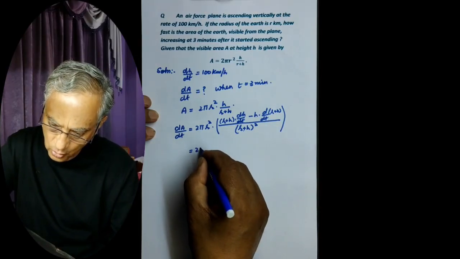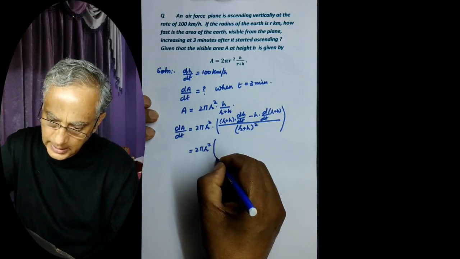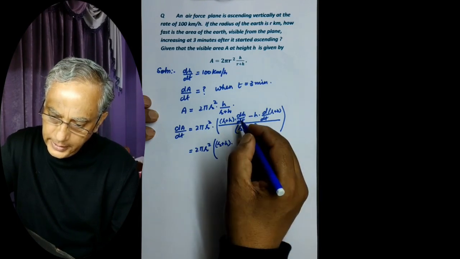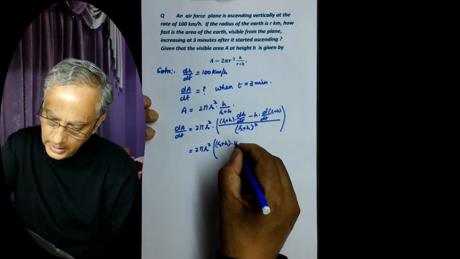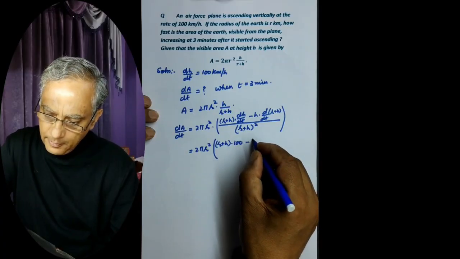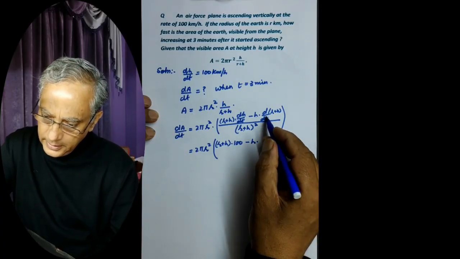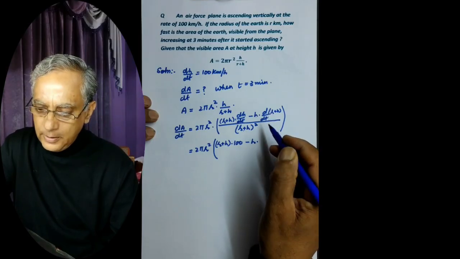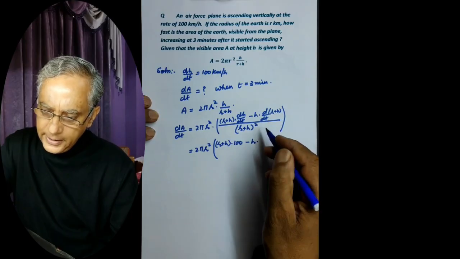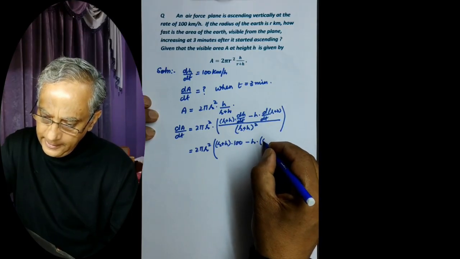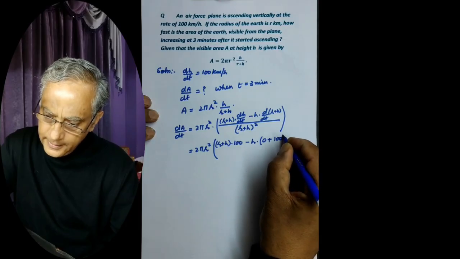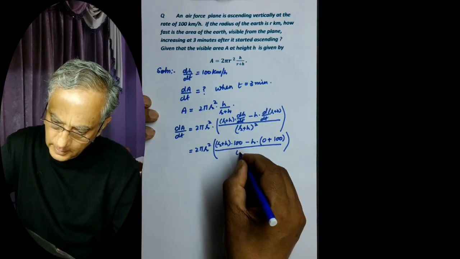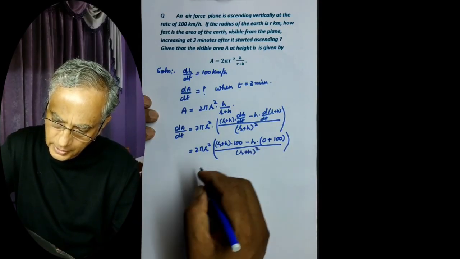So this is equal to 2 pi r square into r plus h into dh by dt, where dh by dt is given to be 100 kilometers per hour, minus h into dr by dt. Radius of earth is constant, so this will be 0 and we will get dh by dt, which is again 100 kilometers per hour, divided by r plus h whole square.